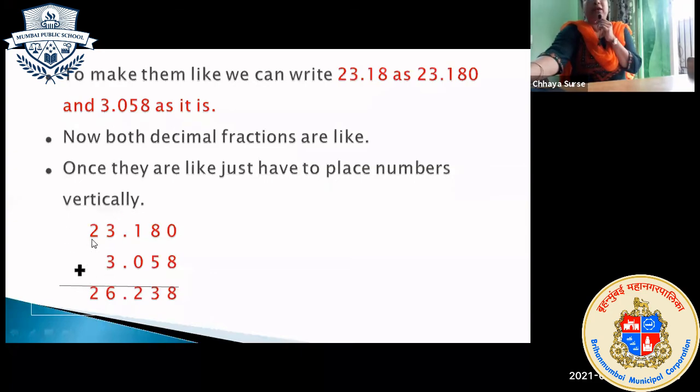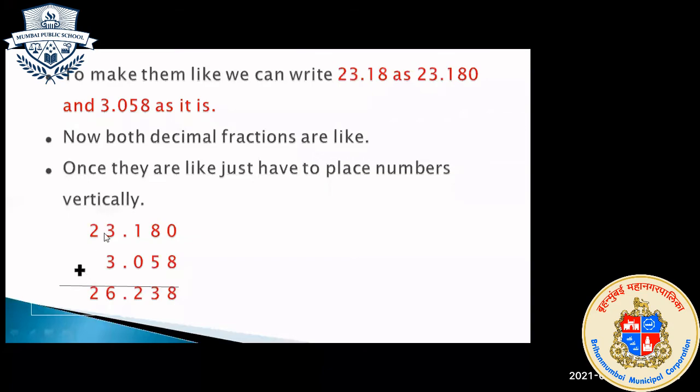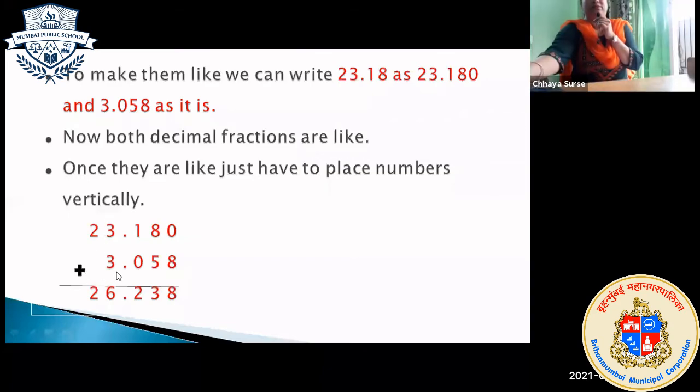Don't write the 3 under the 2, because that is the tens place. 3 is units. A single digit number is unit, so you have to write it under the unit place. That's why we write the 3 here.